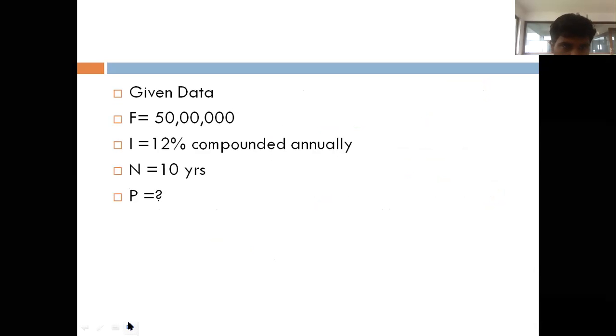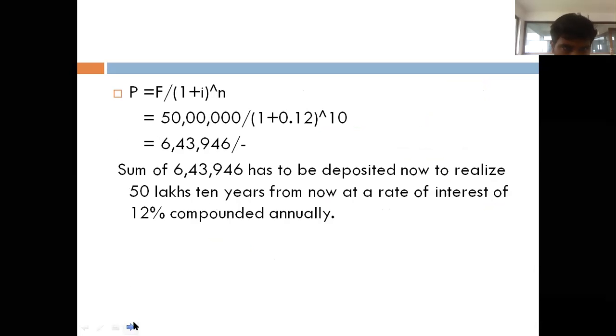This is all the given data, where n is 10. Substituting all the data: the future sum is 50 lakhs, interest is 12 divided by 100, which is 0.12, and the period is 10 years.